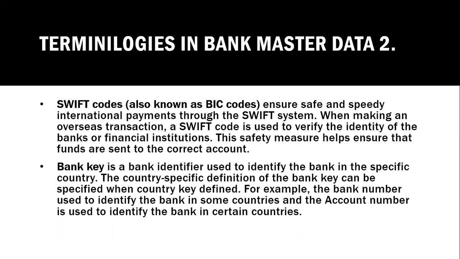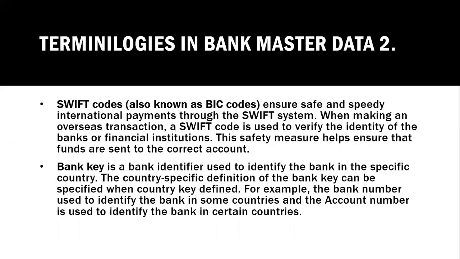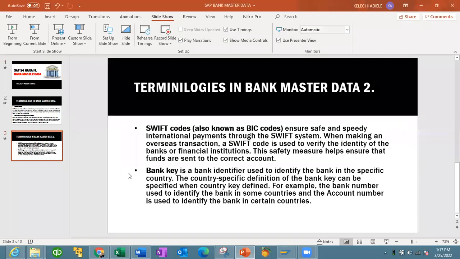For example, the bank number is used to identify a bank in some countries, while in other countries, we've talked about that in the banking session. So this is just to stress these definitions. And now let's go into the system to learn how to create a bank master data.